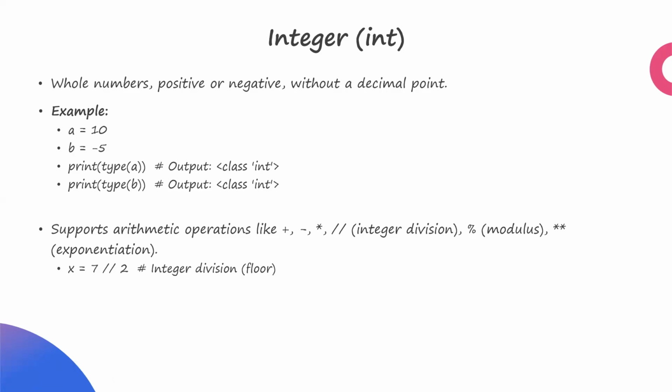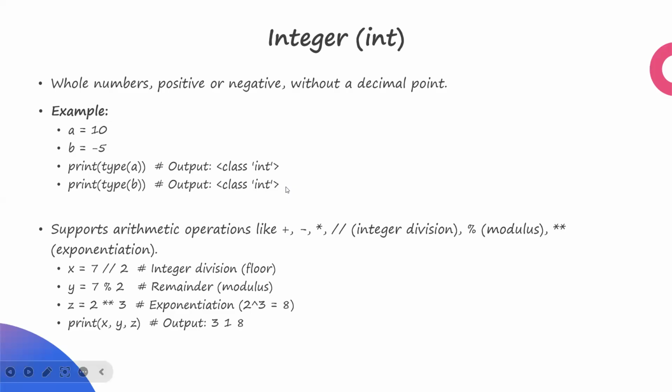There's something we call integer division. I don't want to go into that, but when we get to operations, I will explain it. So we also have 7 modulus 2. You might not have seen this modulus before, but we'll talk about it later on. If you want to get the exponential of a number, you can actually do it here. But don't worry, we're going to talk about operators later on, okay?